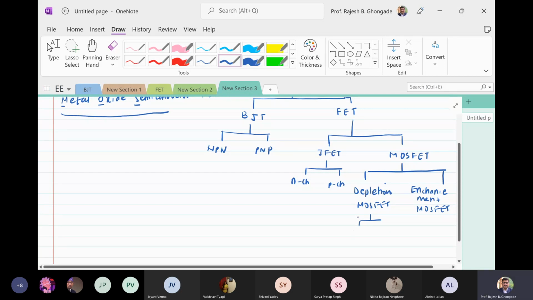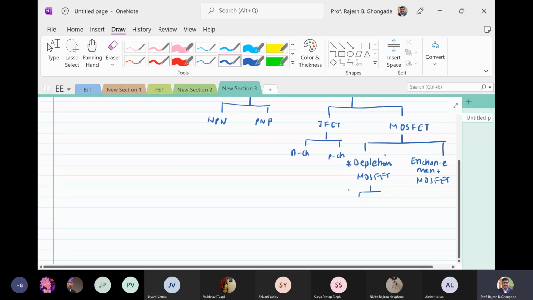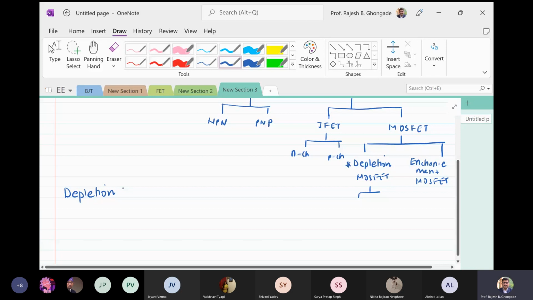So again, you have these variants. Okay, let us see the construction of the depletion type MOSFET. We'll start with the depletion type MOSFET, and then we will see its construction, working, characteristics, and go on to enhancement MOSFET. Okay, so the very first thing that we'll do is the depletion type MOSFET. It is also called as D MOSFET.